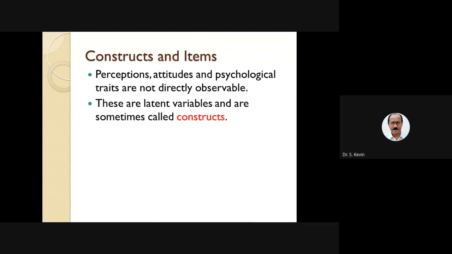They are known as latent variables, and are sometimes called constructs. The technical term used is constructs. So the latent variables like job satisfaction, customer satisfaction, attitude towards something, or perception regarding something, they are known as constructs.